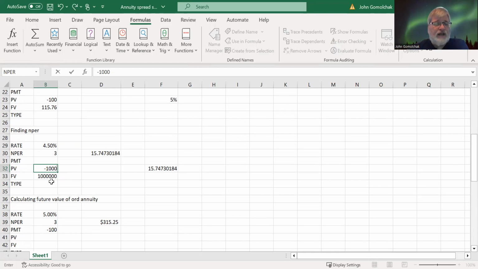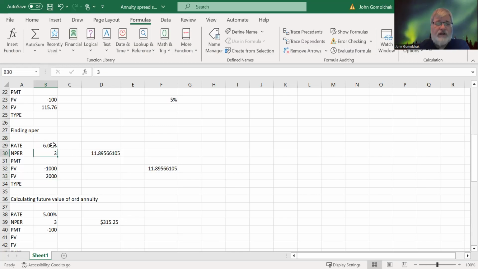How long would it take to double? Our future value is going to be $2,000, and we know our rate is 6%. Number of periods is 11.895. The book rounded it to 11.9 years. So that's fine.